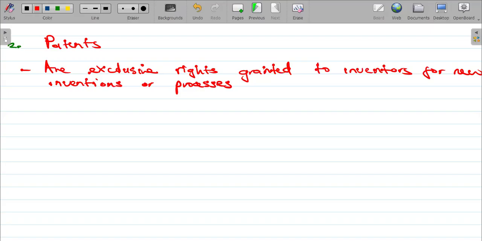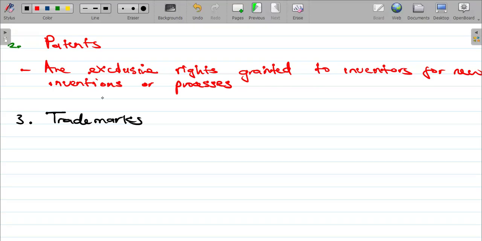Let's move on to another one, which is trademarks. We are still on intellectual property rights. Trademarks are symbols, names, or logos that identify a business's products.